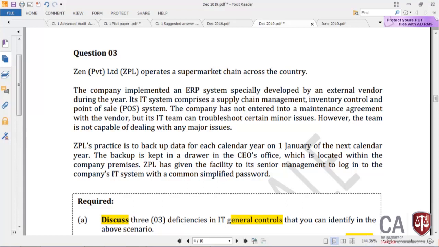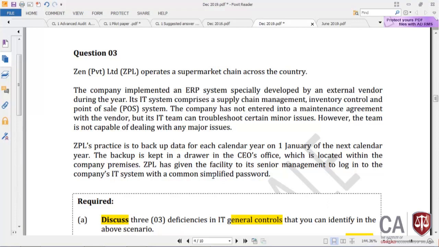However, the team is not capable of dealing with any major repairs. ZPL's practice is to back up the data for each calendar year on 1st January of the calendar year. The backup is kept in a drawer in the CEO's office, which is located within the company's premises. ZPL has given the facility to its senior management to log into the company's IT system with a common simplified password.